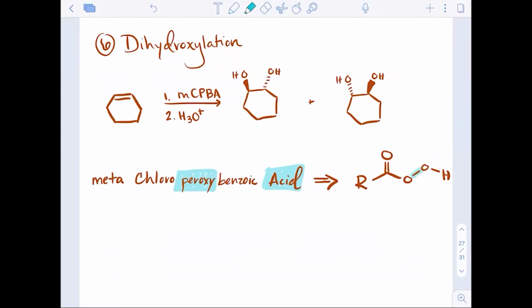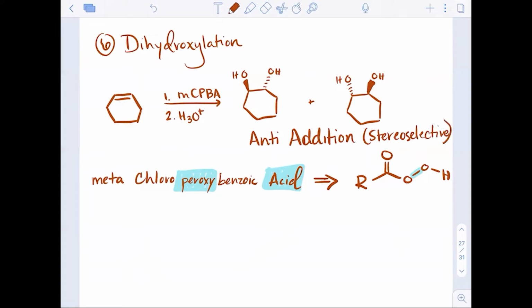So it's called a peroxy acid. I highlight that peroxide bond because peroxides are very reactive, and that is the most reactive portion of this molecule. This will, again, be anti-addition, as we can see in those products. That is a stereoselective reaction.